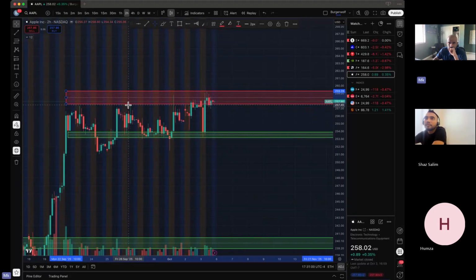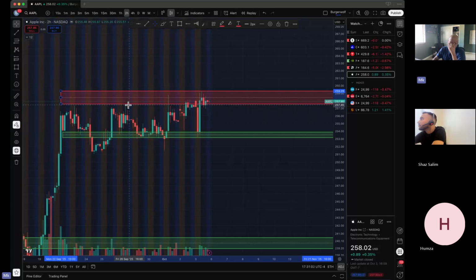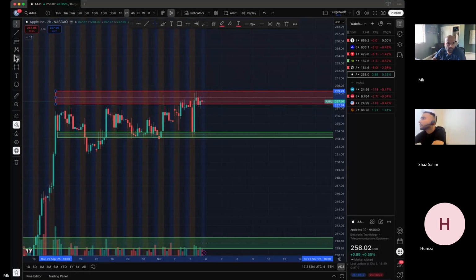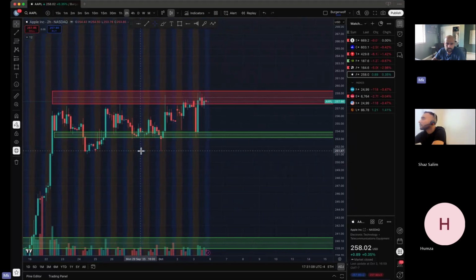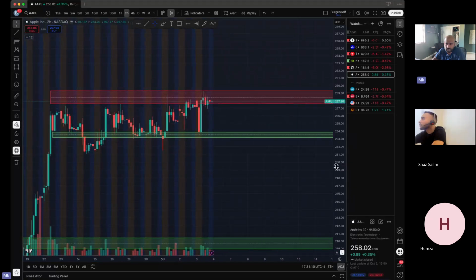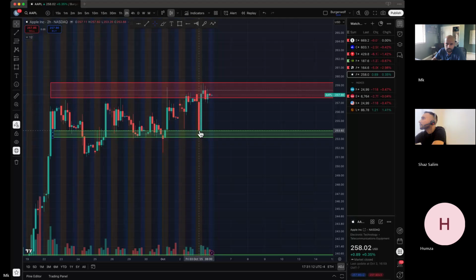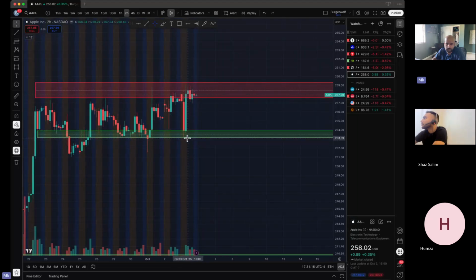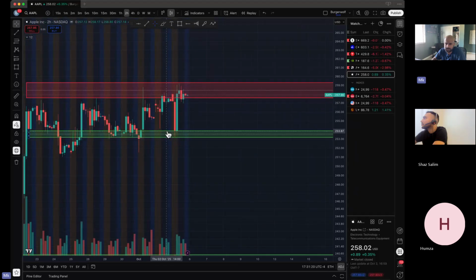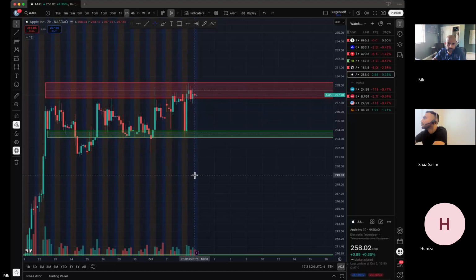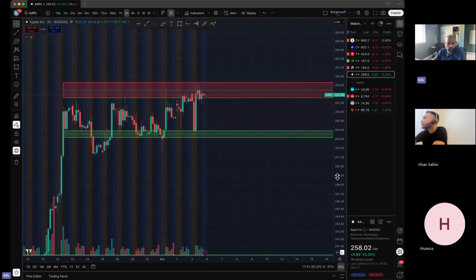This wick right here. So this is my supply zone. And my demand is very, very tight here. Demand is basically this red candle's wick all the way down. So demand is going to be 253.87, 253.20. So that's what I'm looking for.